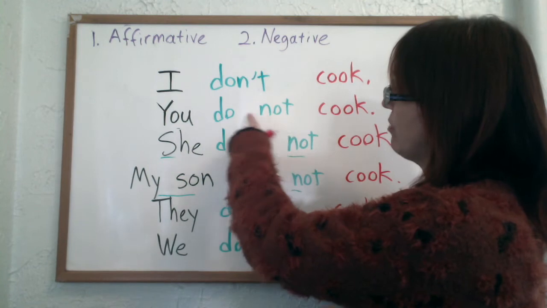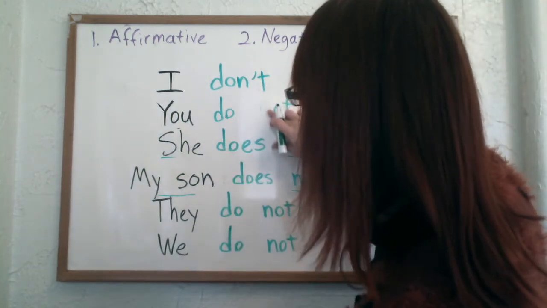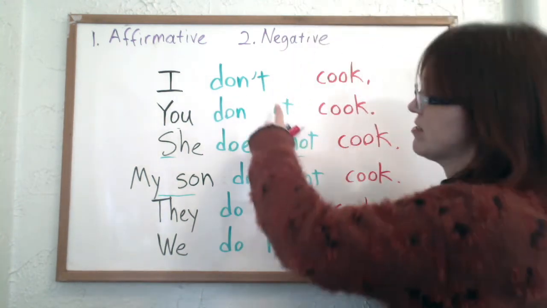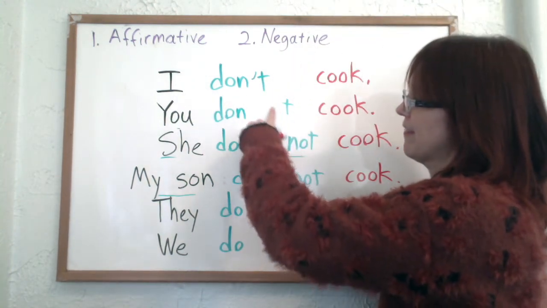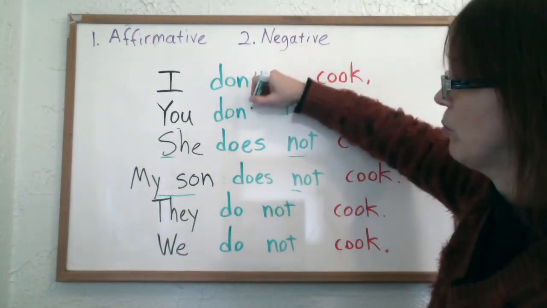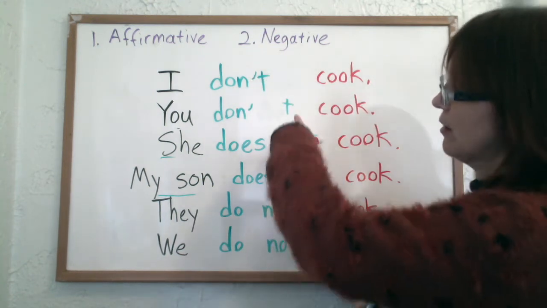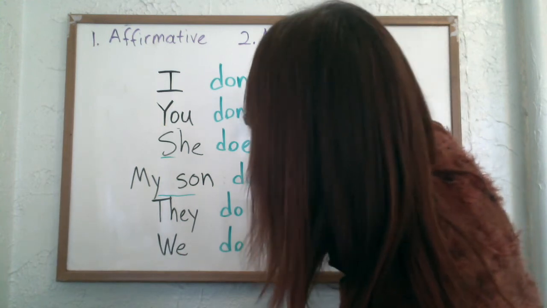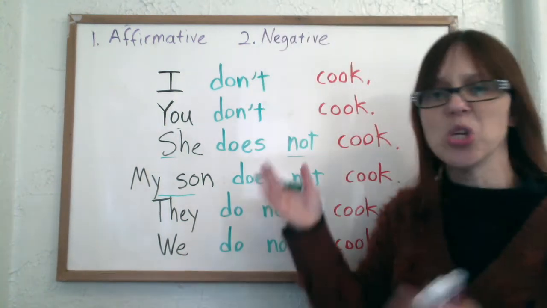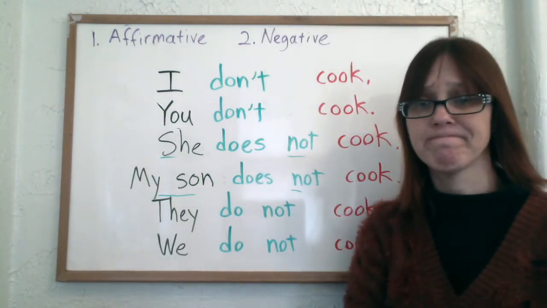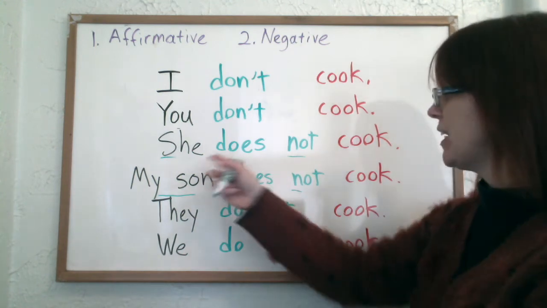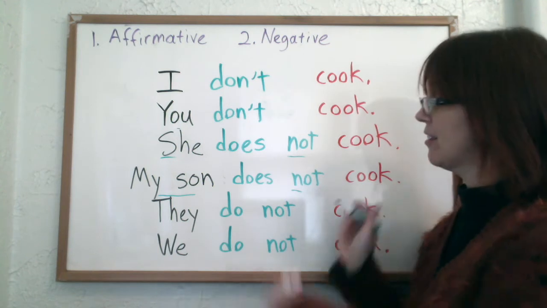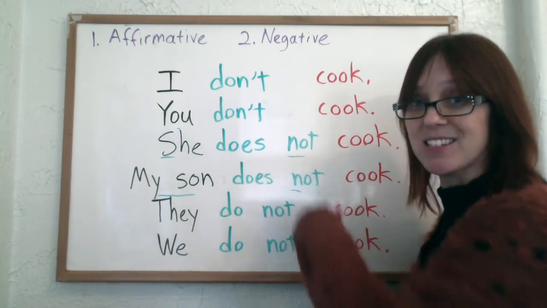So we move the N, erase the O, put an apostrophe, and move the T. You don't cook. She does not cook. Doesn't.